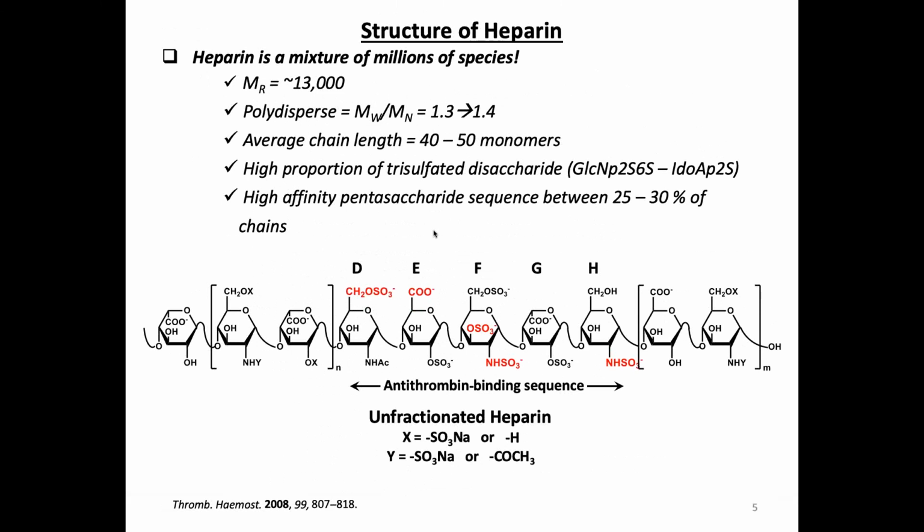If all of us have the same weight, then that will essentially be 200, right? So that is called the number average. We are simply taking the total weight divided by the number of people and finding an average. That's called the number average molecular weight. But we know that we are all people of different weights.